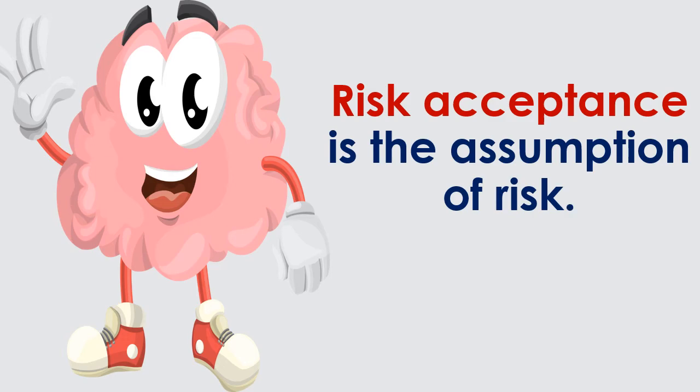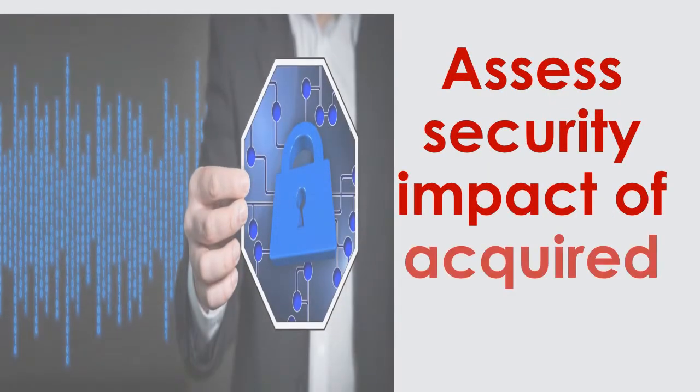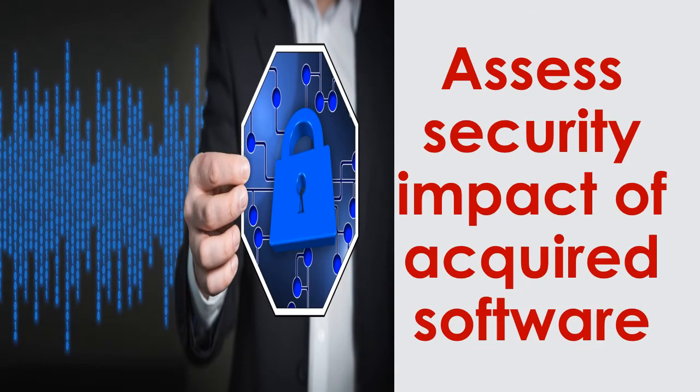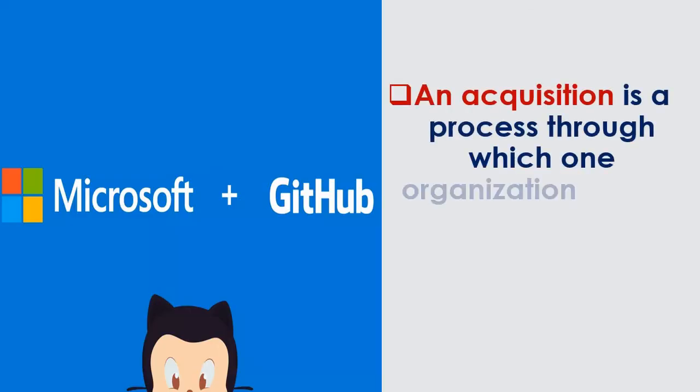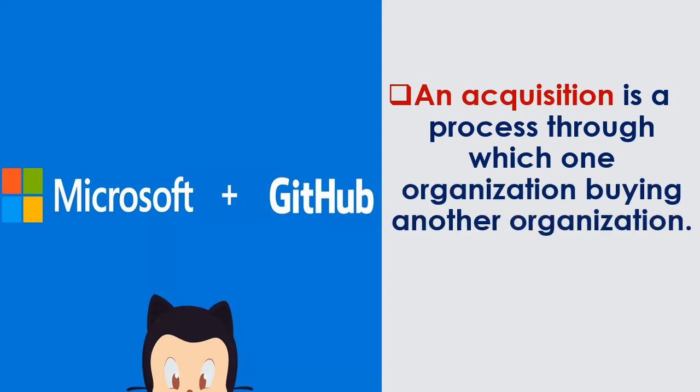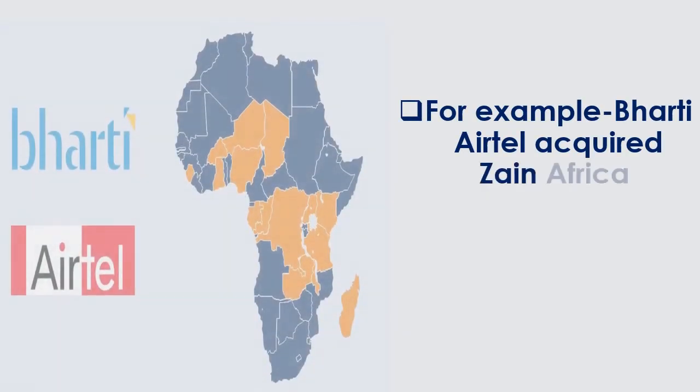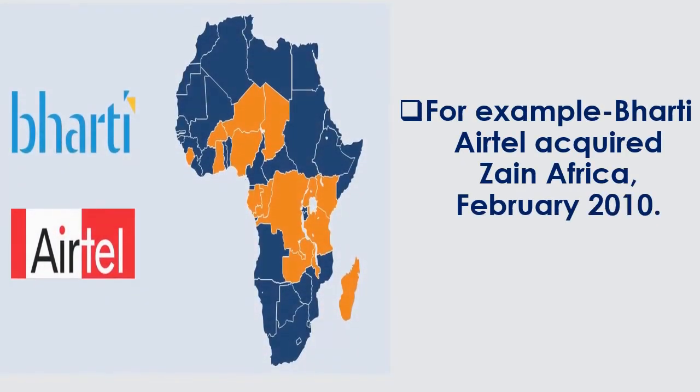Assess security impact of acquired software. An acquisition is a process through which one organization buys another organization. For example, Bharti Airtel acquired Zain Africa in February 2010.